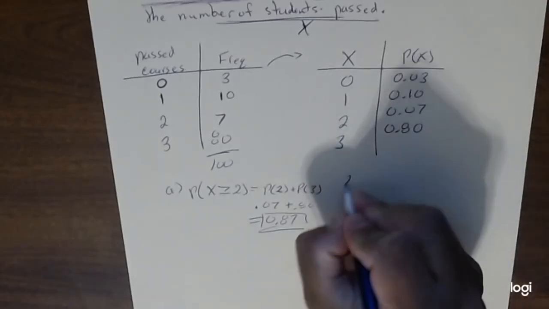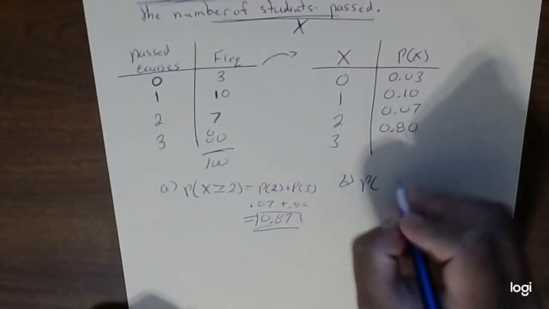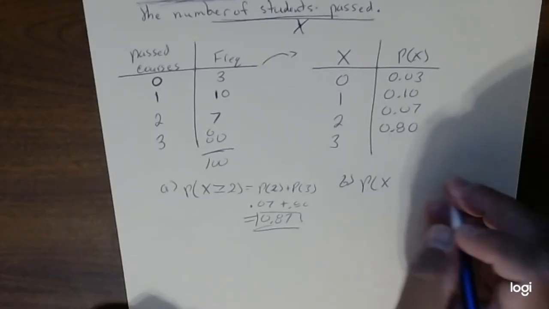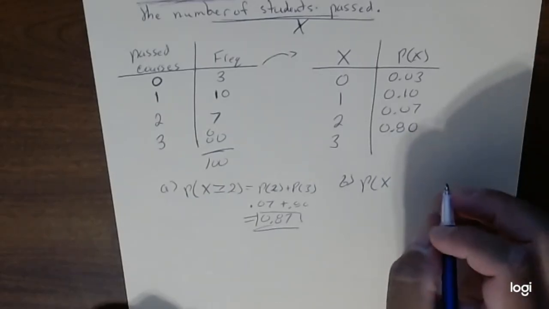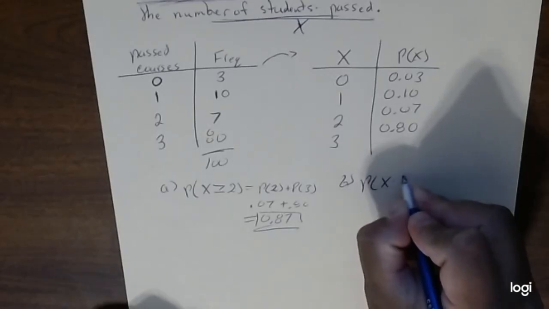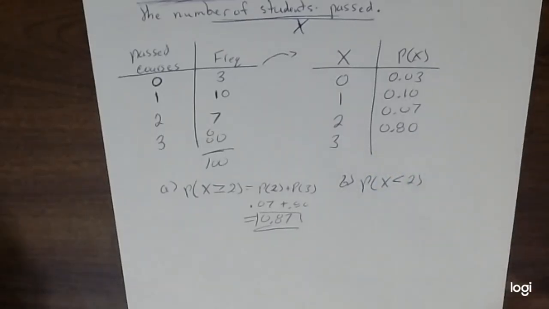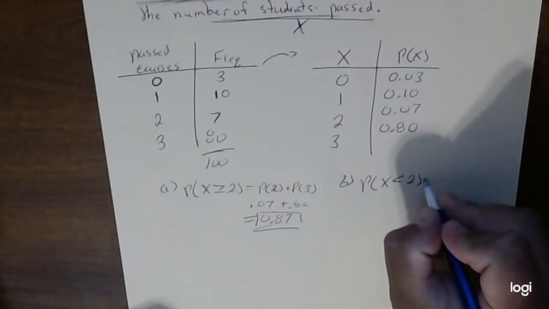And we'll just do one more. So B, let's say the probability of X being less than 2. It's a little tricky one. So probably X is less than 2. So what are the numbers less than 2?